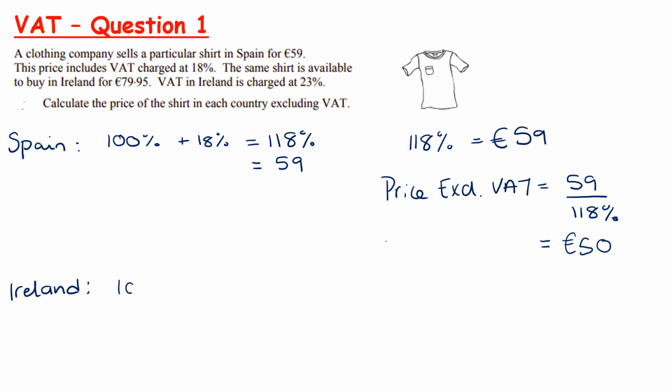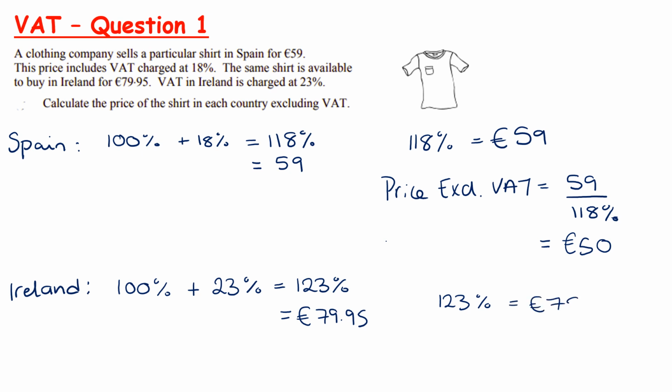Then in Ireland, we have 100% plus we charge higher VAT, 23%, which means we have 123% is the price after VAT. And that is $79.95. So I have 123% equals $79.95.